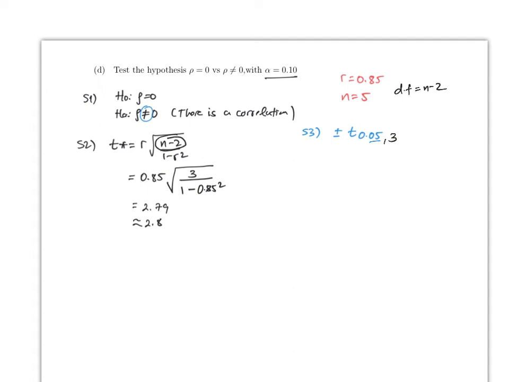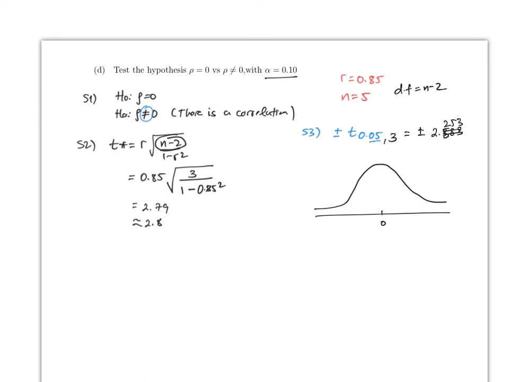So this is to see. So how much is this from the table? 2.583, right? No, 2.353.